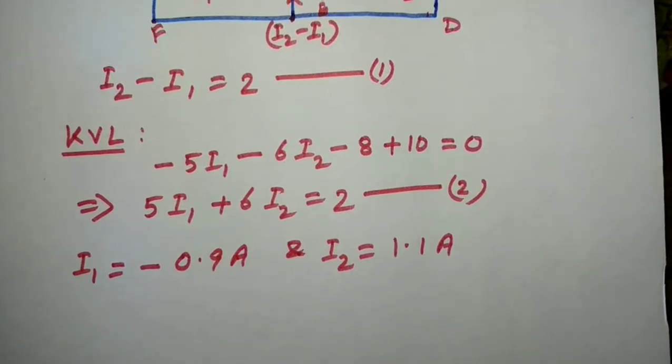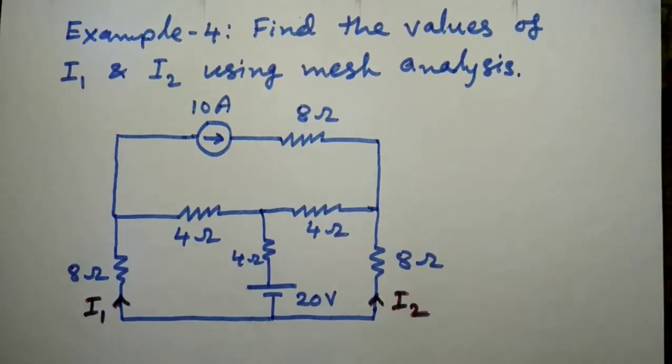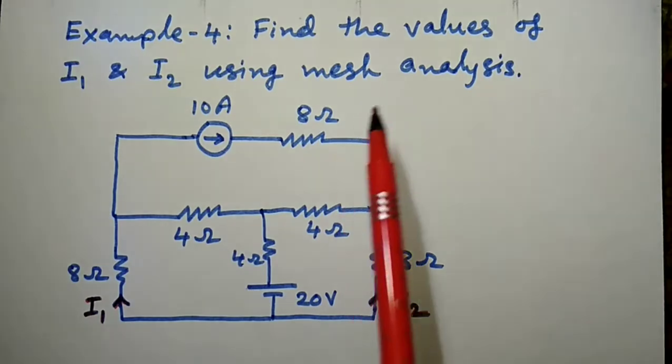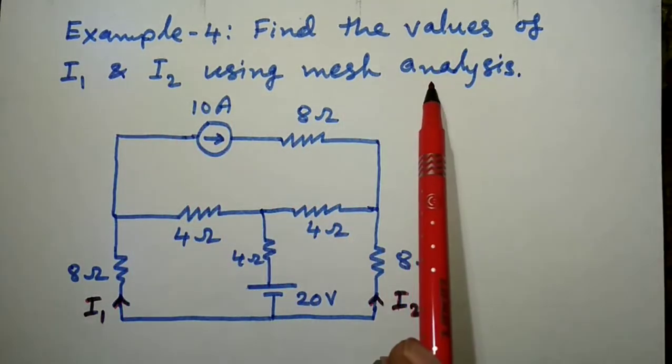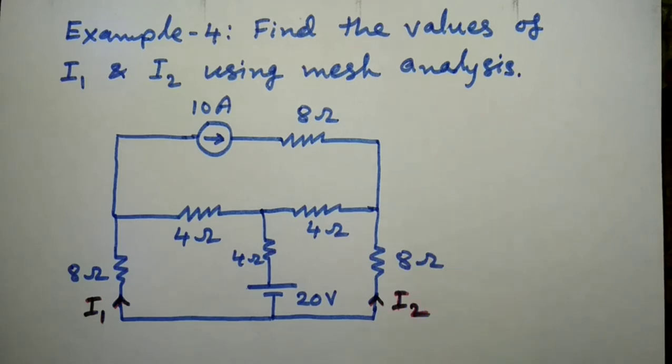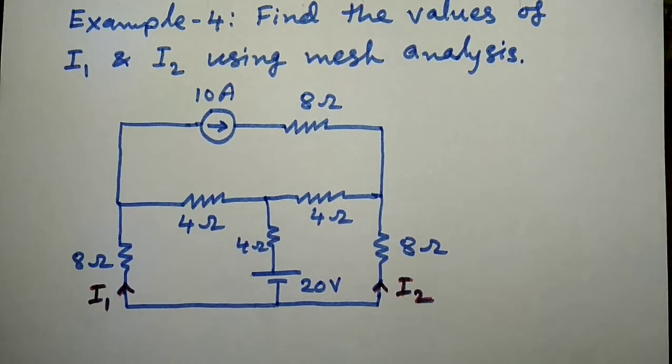Now for the practice, example number 4. The question is: find the values of I1 and I2 using mesh analysis of the given circuit. So this is the circuit. There are 3 meshes.